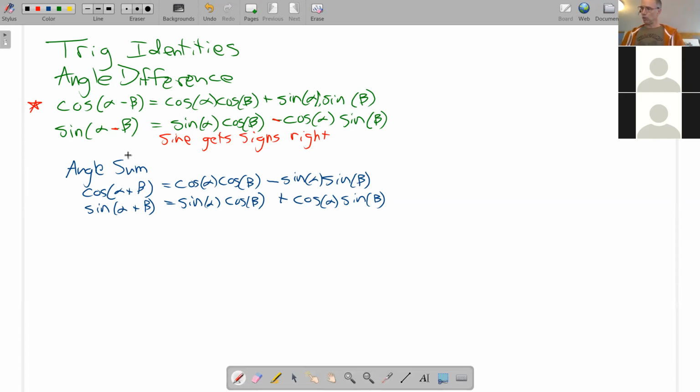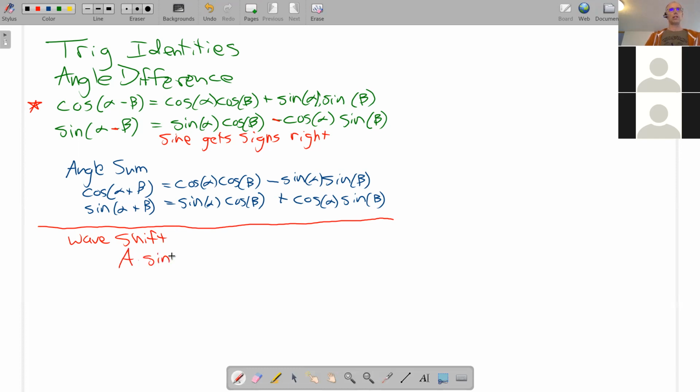Next set of important formulas are kind of like a wave sum shift function related to these here. So, wave shift. And the way this one works is we have some amplitude times the sine of bx plus c.